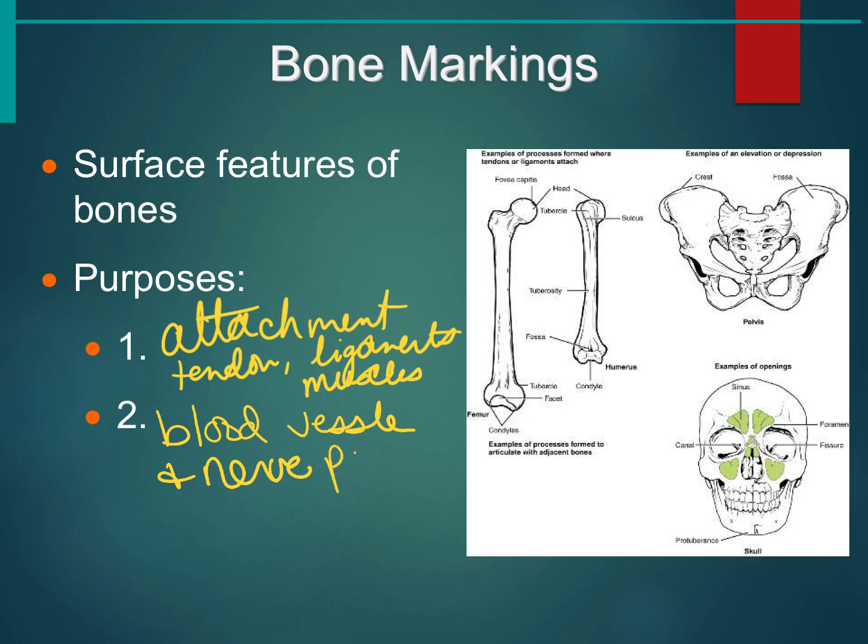So sometimes there will be like holes in the bone where a nerve or blood vessel will pass through. Sometimes there will be like a divot. The most obvious example of this is the foramen magnum at the bottom of the skull. That's where the spinal cord passes through. And that is a clear marking with which you will need to be familiar.